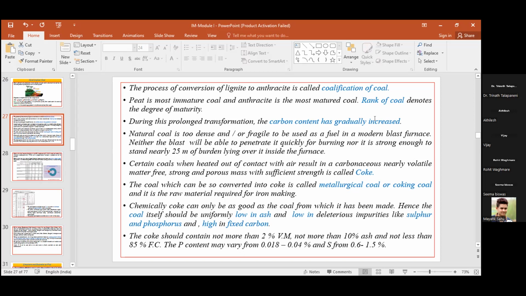Then only the interaction between gas and solid inside the blast furnace can take place effectively, and the combustion of coke can take place effectively. Not only that, the outcome of this combustion, that is the carbon monoxide or carbon dioxide gases formed, can also be easily expelled from this coke.